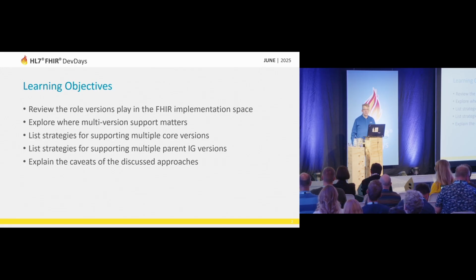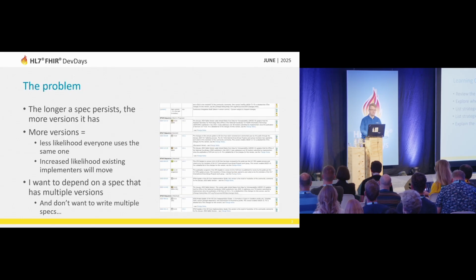And as well, support for implementation guide versions where you might have a parent IG or a whole ancestry tree of implementation guides that you depend on and needing to deal with multiple versions of those. And look at some of the approaches and then some of the problems that they don't fix that you're just going to have to deal with, at least unless somebody invents better technologies or better approaches than we've come up with so far.